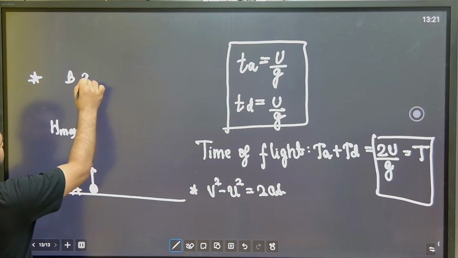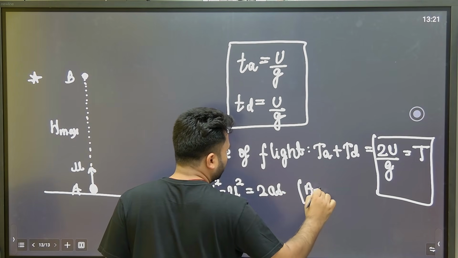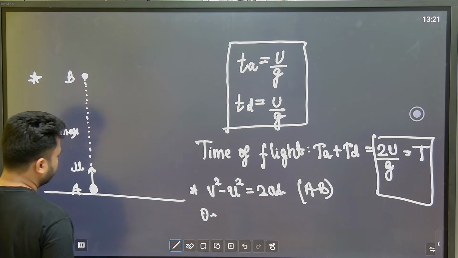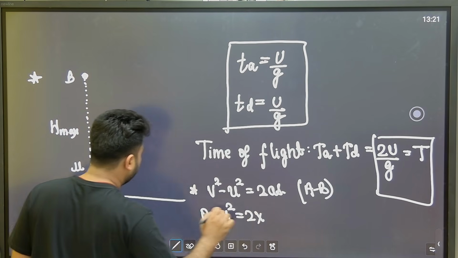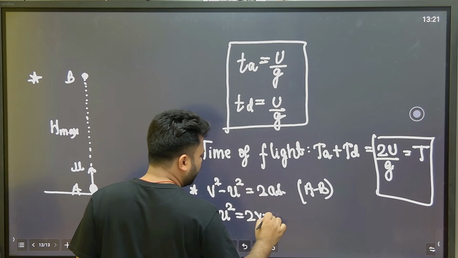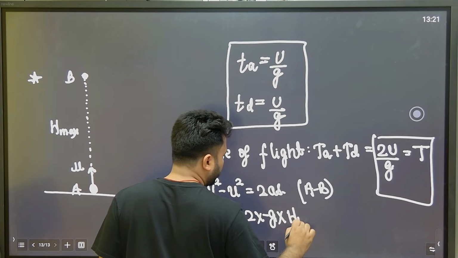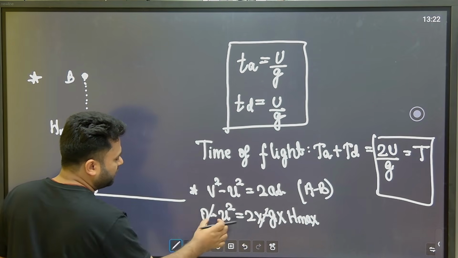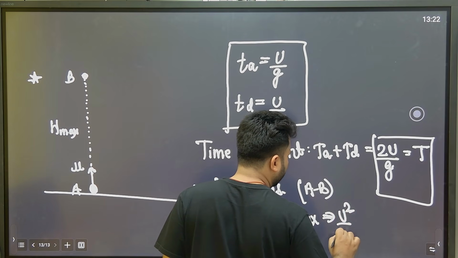If I focus on the A to B journey, what is the final velocity? 0 minus initial speed u, so u square. Acceleration: direction is up, acceleration is down, so minus g. And distance is H max. Correct? So minus minus cancel, 2g will go down. So H max is u square by 2g.